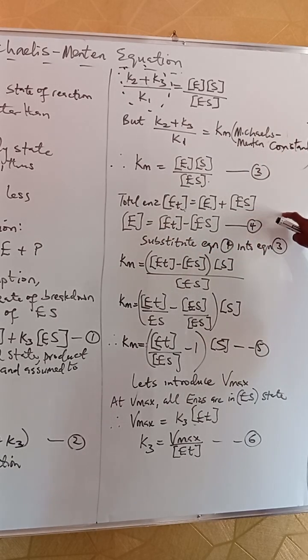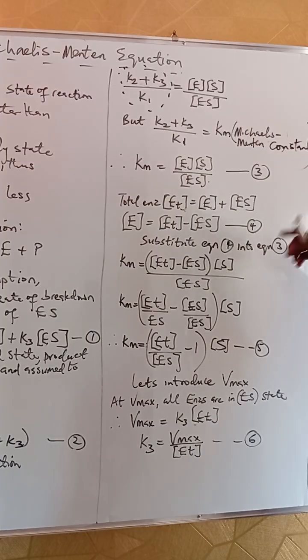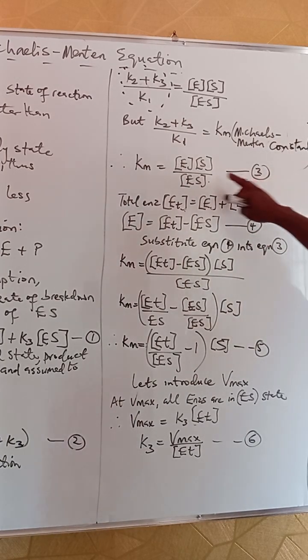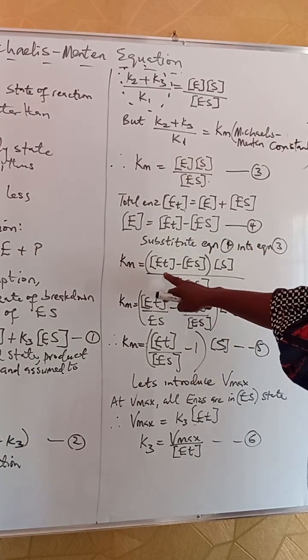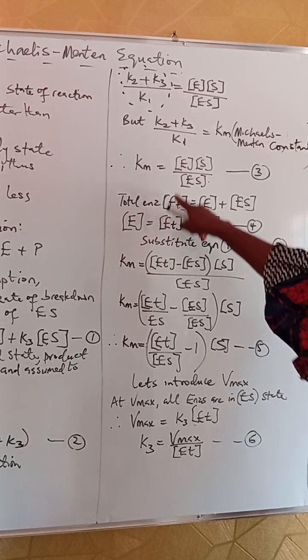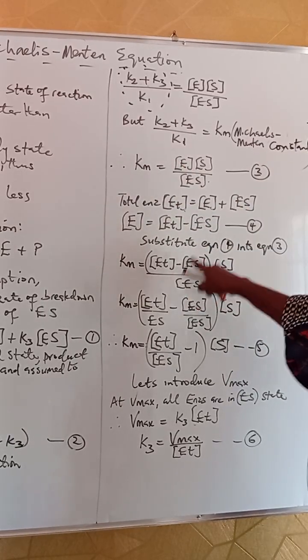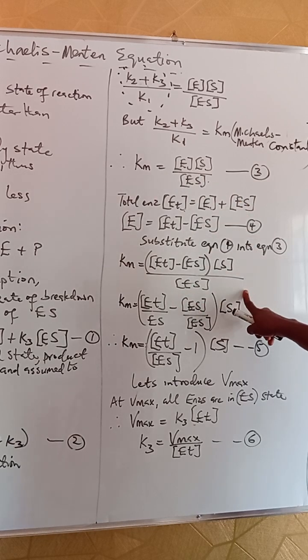From this equation, if we make E the subject, we arrive at this. Now, if we carry this equation 4 and substitute it into equation 3, wherever we have E, we put ET minus ES. So here we now have ET minus ES, S is still there, over ES.